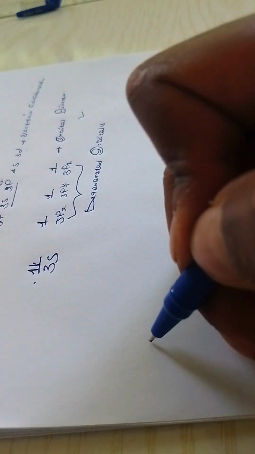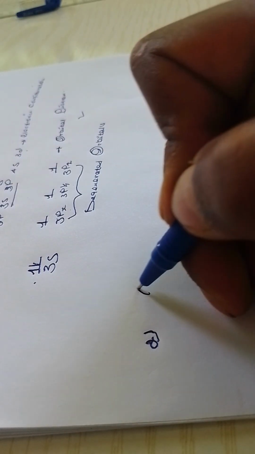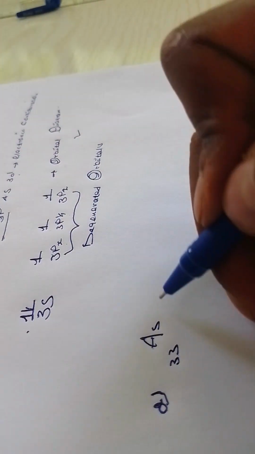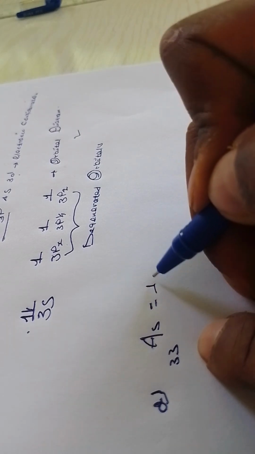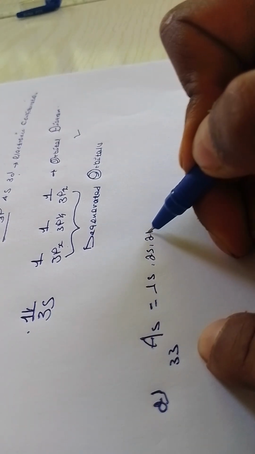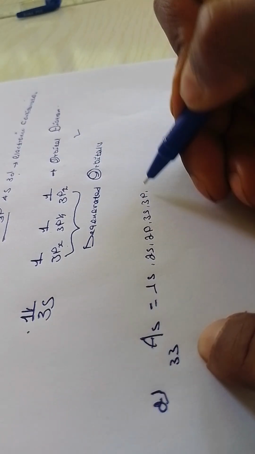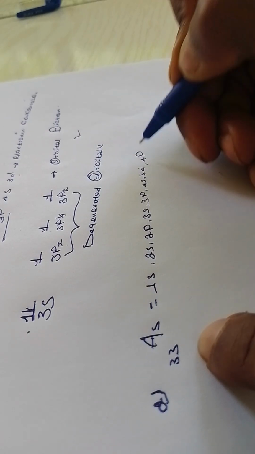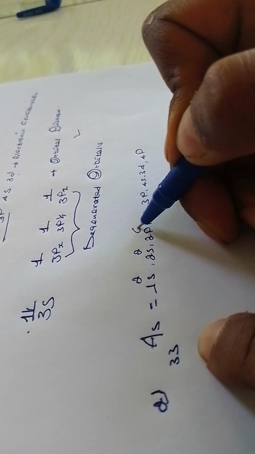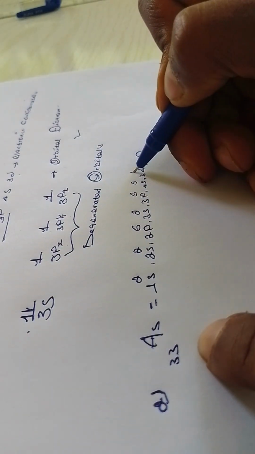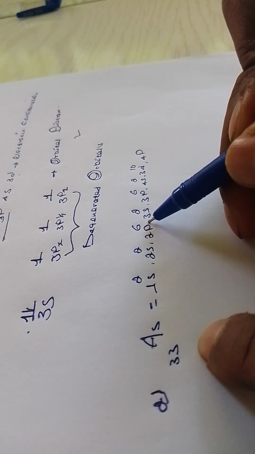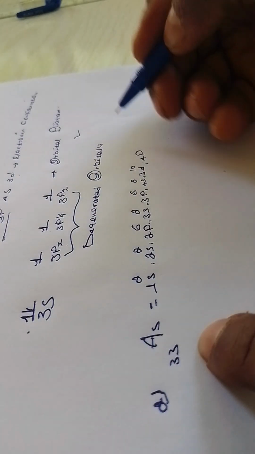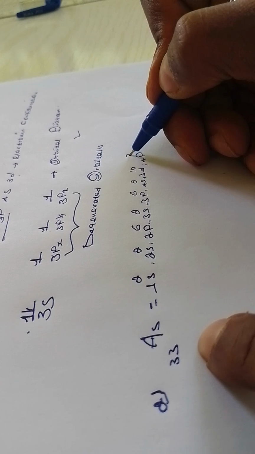So, astatine, atomic number 33. The number of electrons is distributed as 1s, 2s, 2p, 3s, 3p, 4s, 3d, 4p, with 2, 2, 6, 2, 6, 2, 10, and 3.